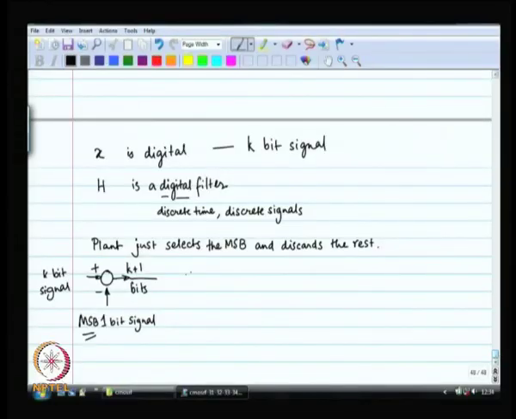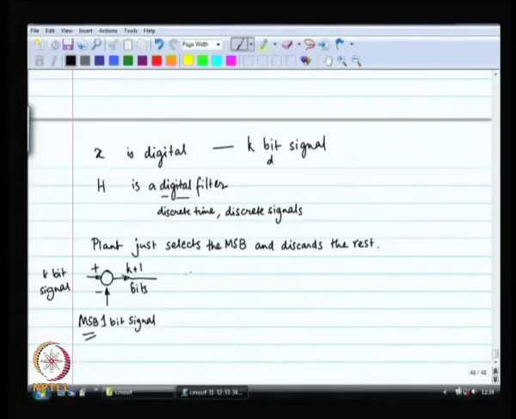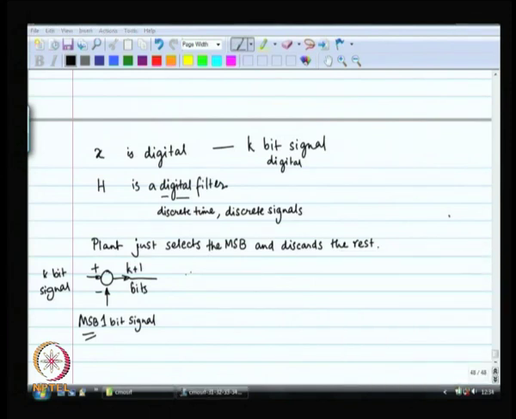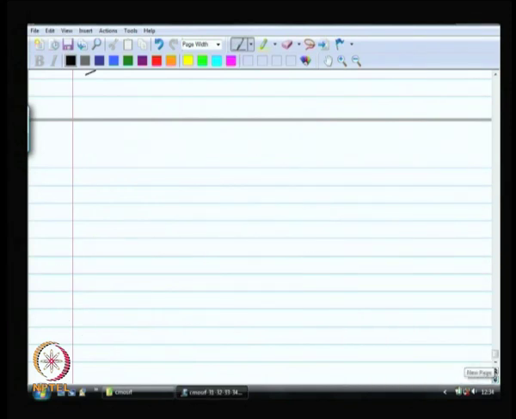Okay. So, this is my basic story, that I am going to have a k bit digital signal as my input. So, it is not just a sigma delta from your A to D converter book, it is a sigma delta suited to our needs.